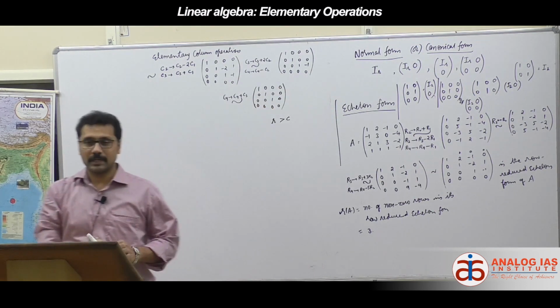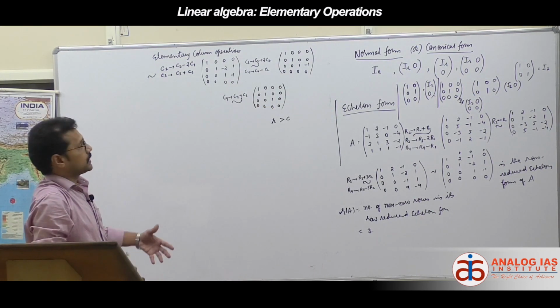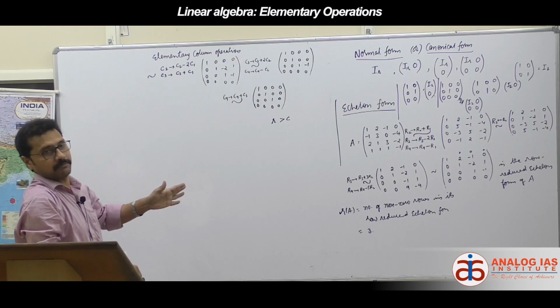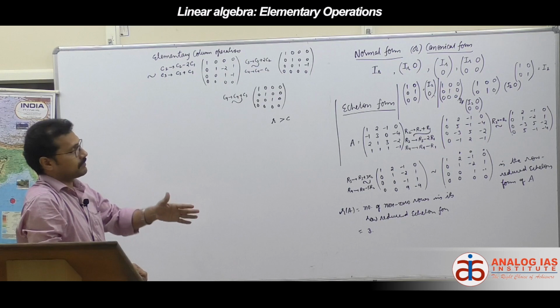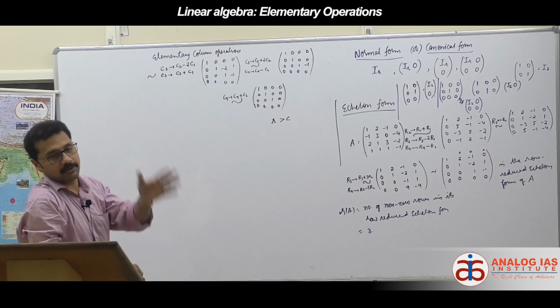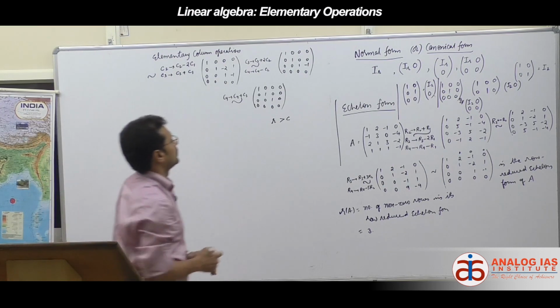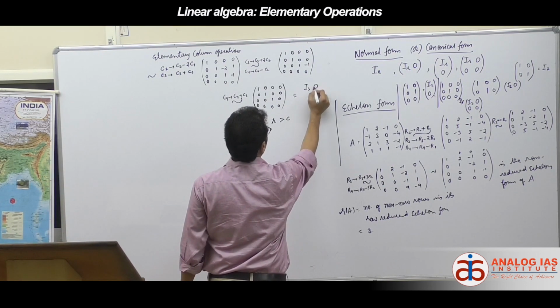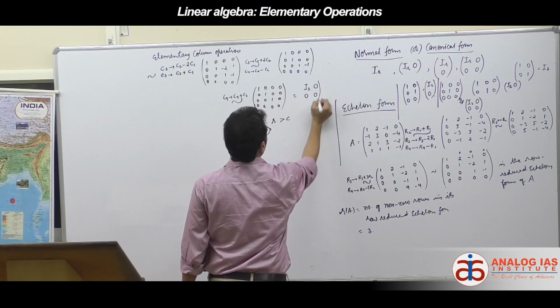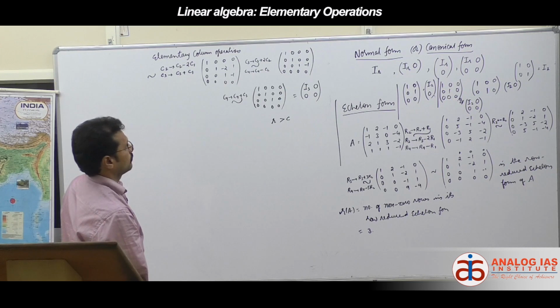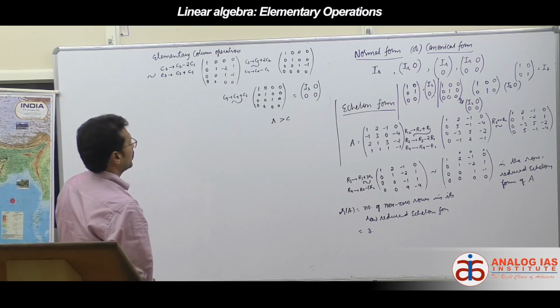So it's as good as row operations only, but instead of the first row, we take the first column as the reference in the first operation. At the second level, the second column becomes the reference column. At the third level, the third column becomes the reference column. This came out to be I3, 0, 0, 0. Okay.